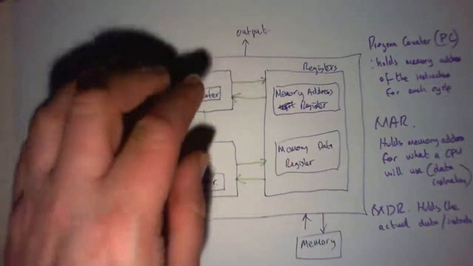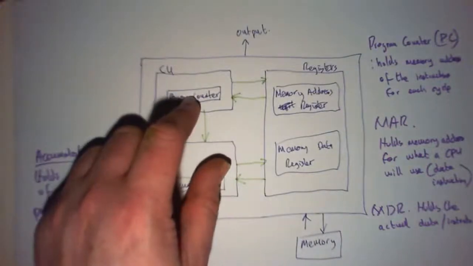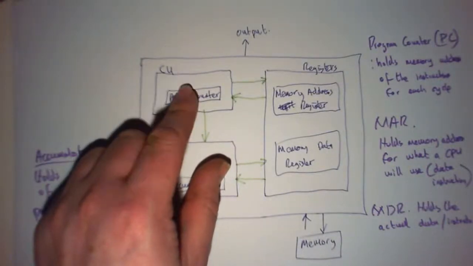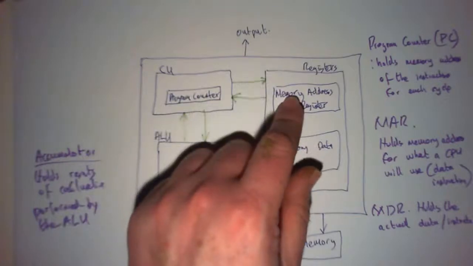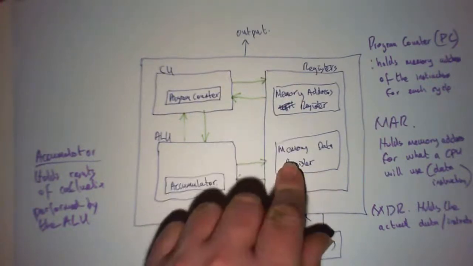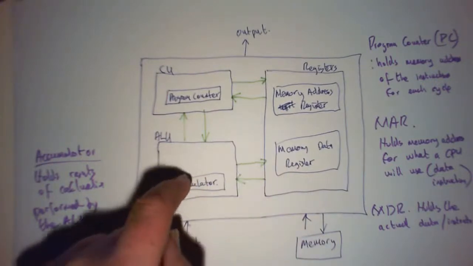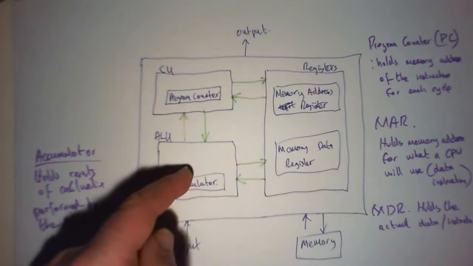So the memory address from the program counter goes to the MAR. The MAR finds where that instruction is, sends it here, which looks up that instruction, sends it to here, which follows out that instruction. It does what it says on the tin.